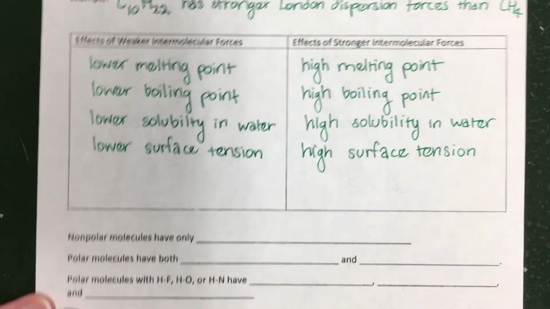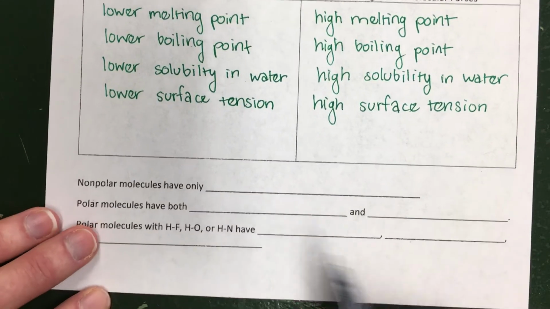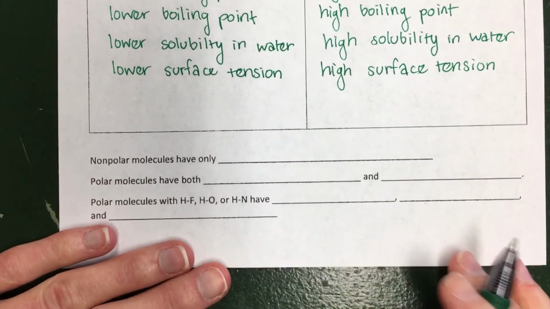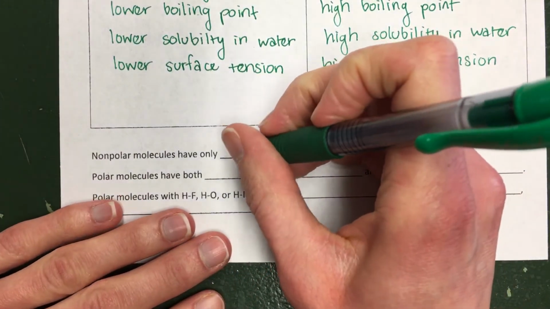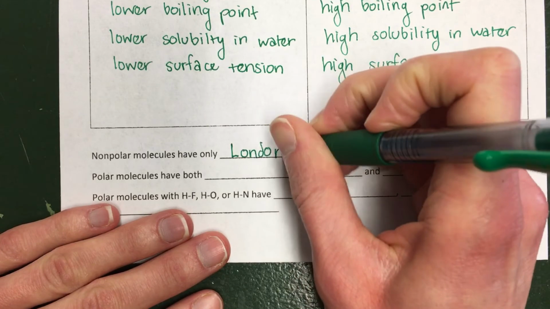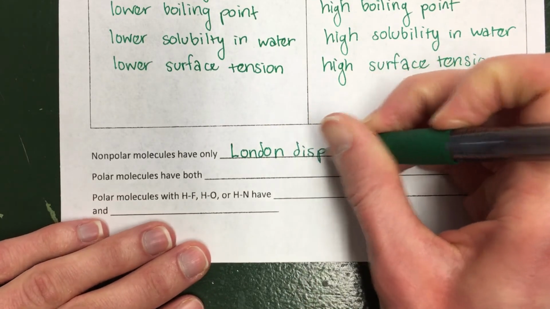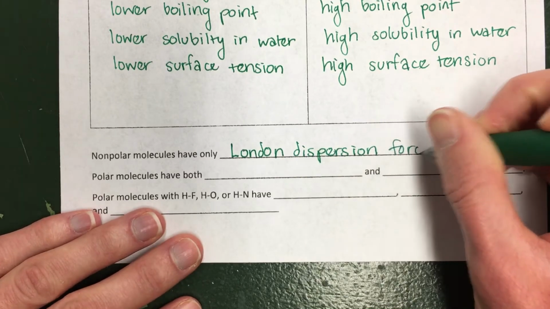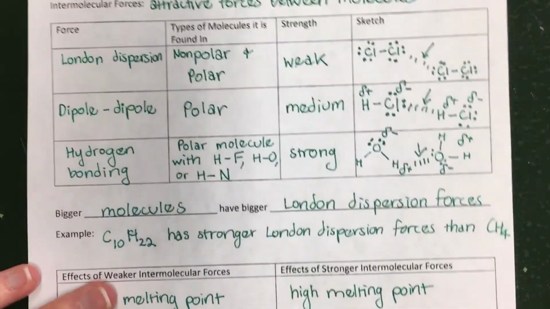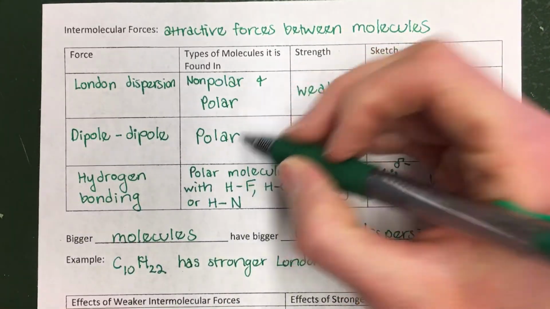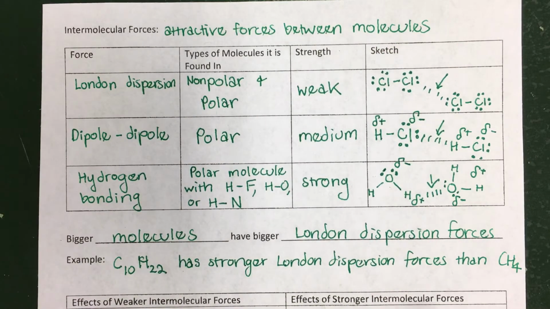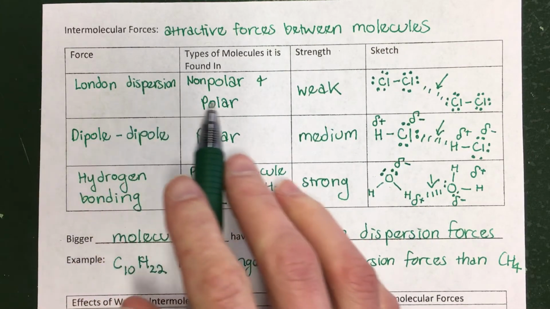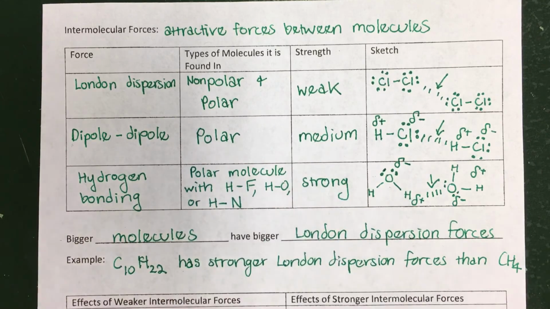Okay, so just to summarize, if you're a nonpolar molecule, the only intermolecular forces that you experience are London dispersion forces. So just those weak forces. Polar molecules, however, are going to experience both, because notice polar molecules are in London and London are in polar, and dipole-dipole are also in polar.